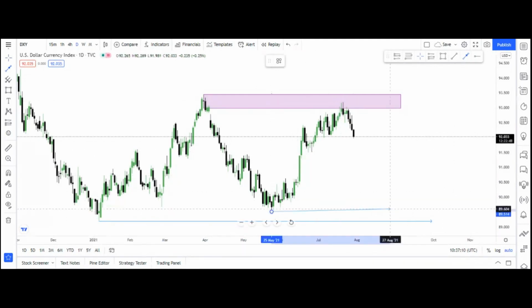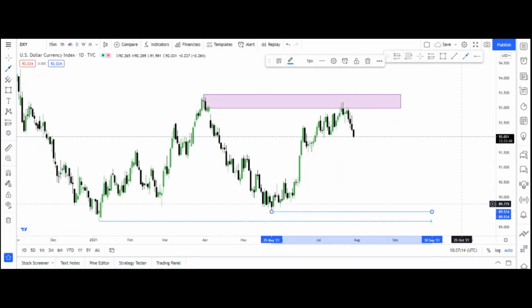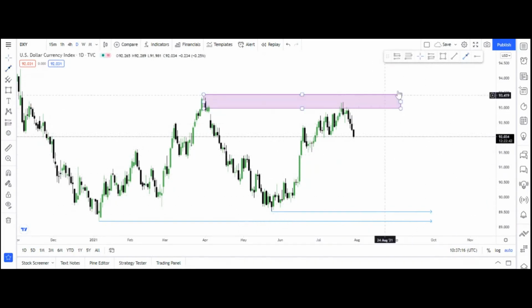So basically what I think is we might trade lower to take out those lows, but first is to understand that we have a low right here, clean lows, so that might be our first area of target.